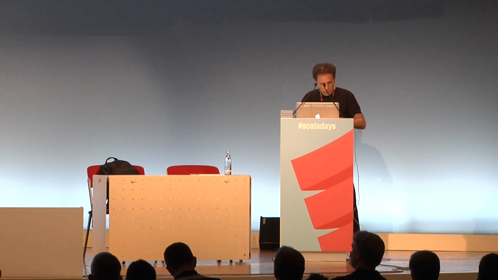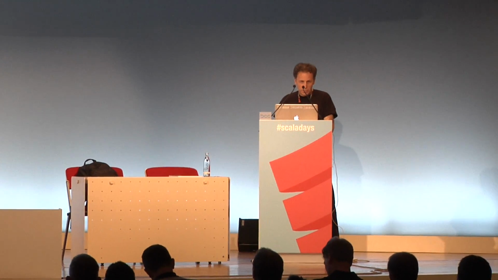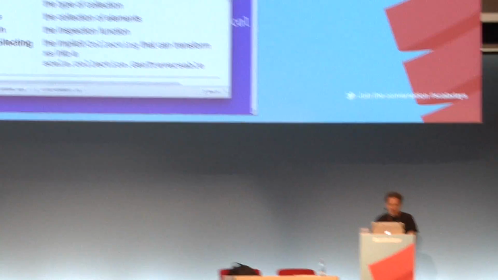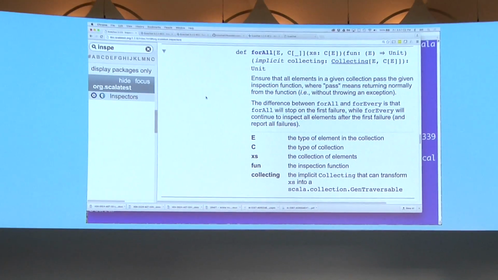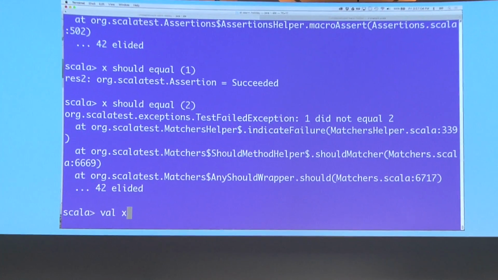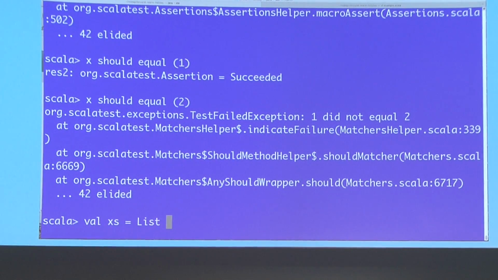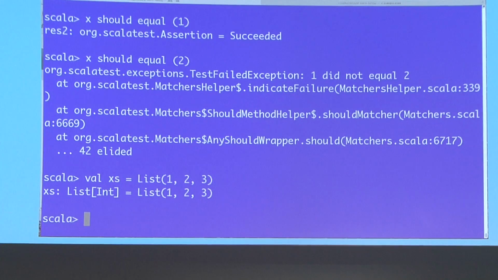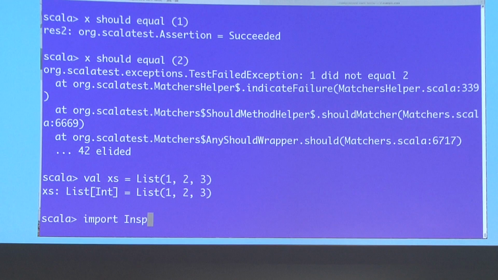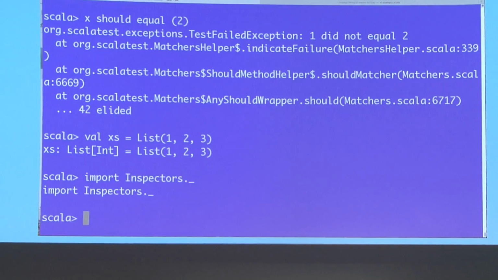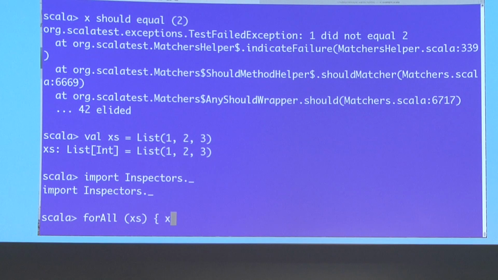I mean, for your code, it should be pretty easy to upgrade, but there's something called inspectors in ScalaTest. I can give you an example. x equals List(1, 2, 3). If you import Inspectors._, I can say forAll(x) { x => x should be > 1 }. I'm sorry, 0.